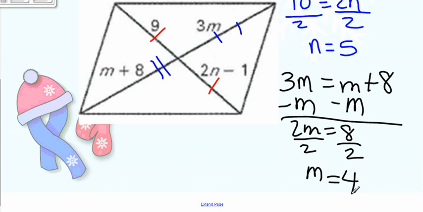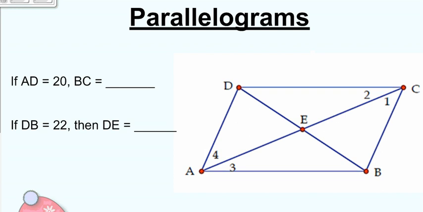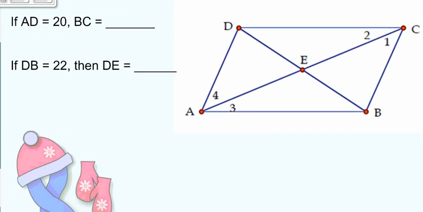Angles, depending on if they're opposite, you'll set them equal, and if they are consecutive, you'll set them equal to 180. We're going to look at just a few examples of what this may look like when we see it on an SOL or on our tests. So here they tell us pieces of information about the parallelogram to the right.